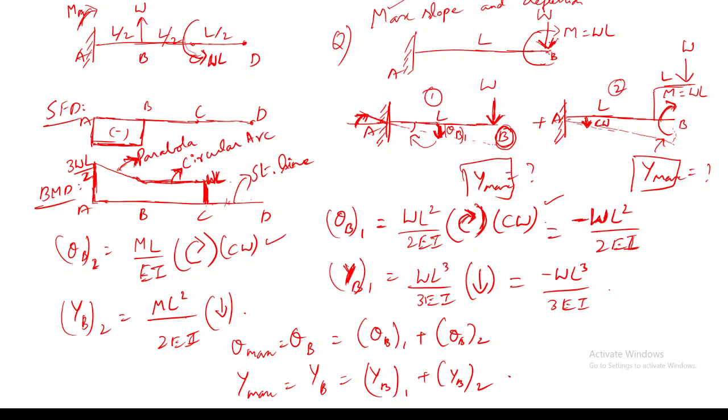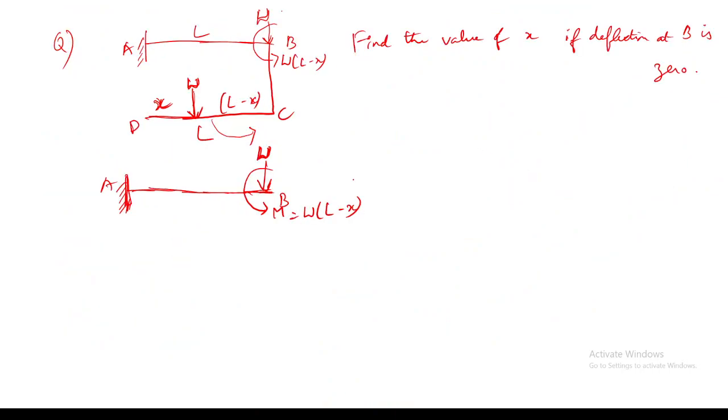For example, for the earlier loading, both for W as well as M, the bending moment, the deflection is towards the downward direction, whereas for this one, one will have a downward deflection, whereas the other one will cause an upward deflection.